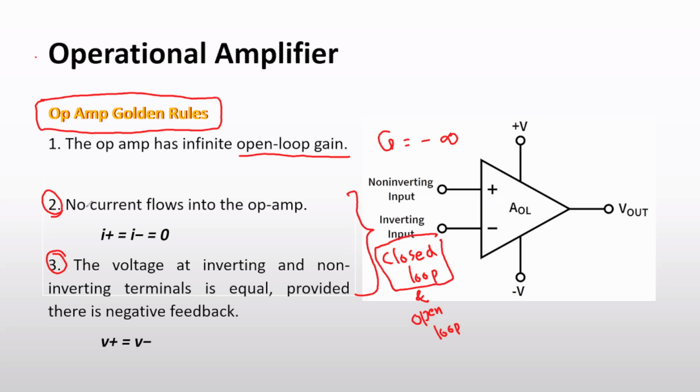So as I told you, the second rule is no currents: no current flows into the operational amplifier. That means there are no input currents from these two terminals. This is the second golden rule of the op amp.